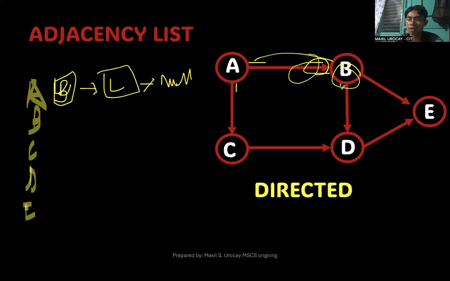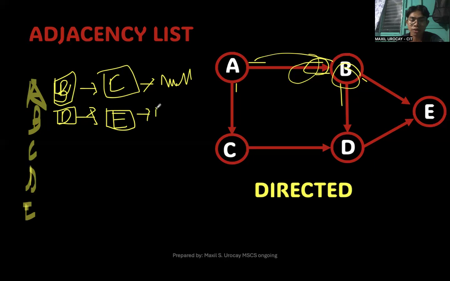B is actually connected to D as well as E, so we only have two adjacent vertices for that one. We can identify that here as D as well as E, and it must point to null.